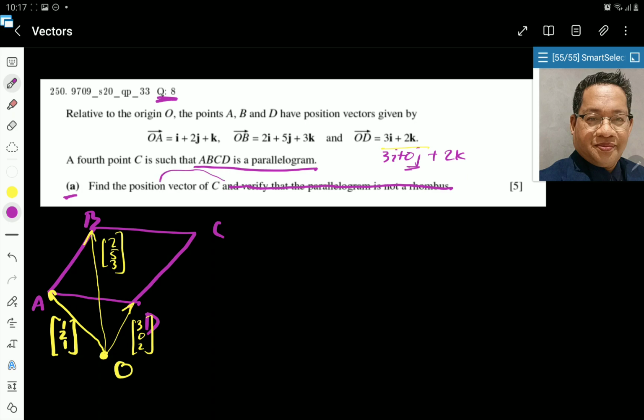And basically we are looking for the position vector OC. So guys, if you're looking for OC, you can just use the method from your IGCSE. From point O, you want to go to point C. So how shall we do that?